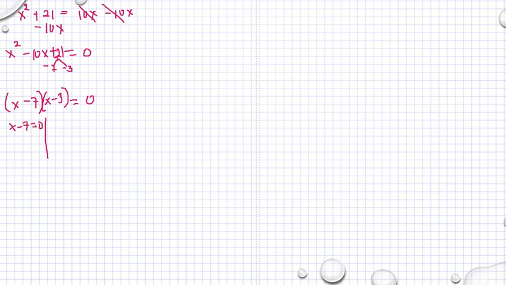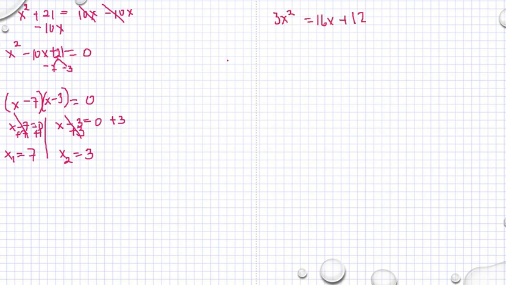Adding 7 to both sides of the equation, then we have x, our first solution or root, is 7. And then x minus 3 is equal to 0. Adding 3 to both sides, then we have x is equal to 3. That's our second root.